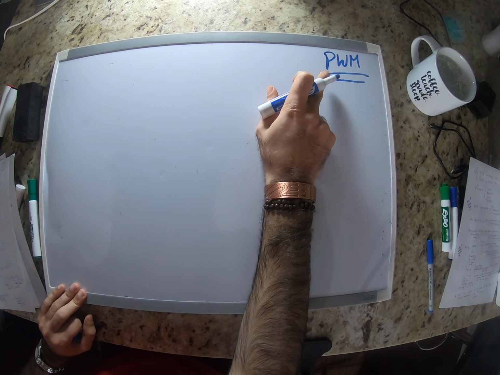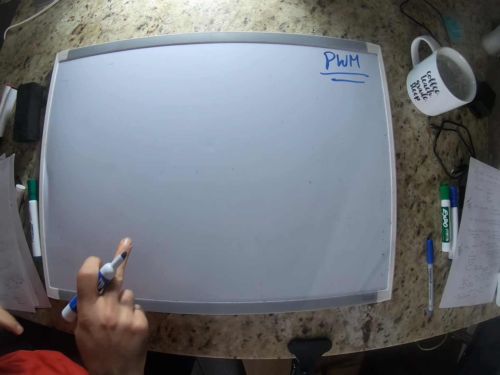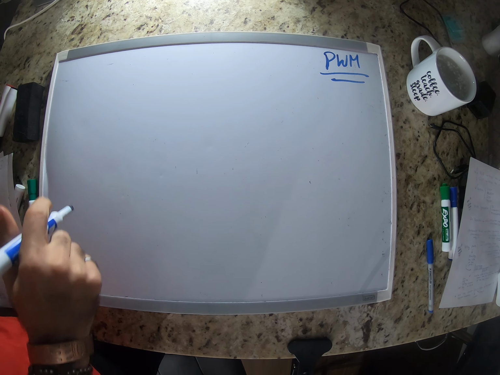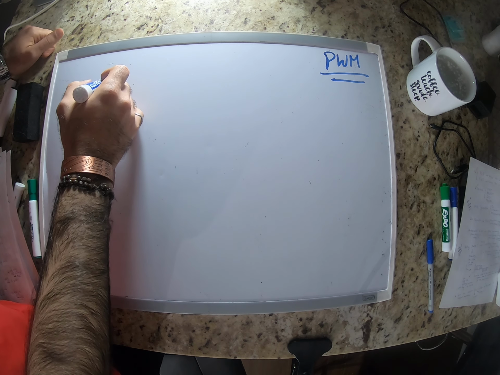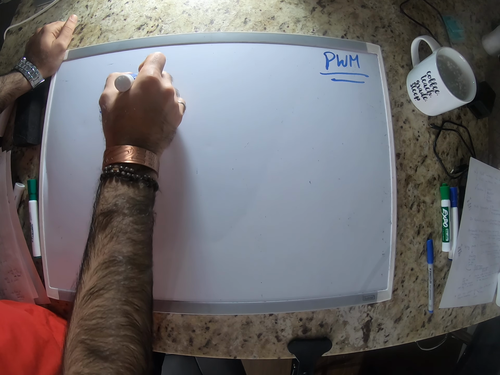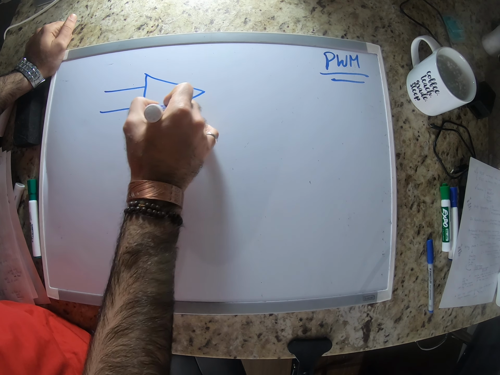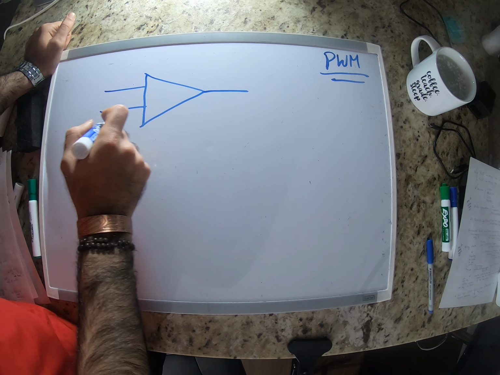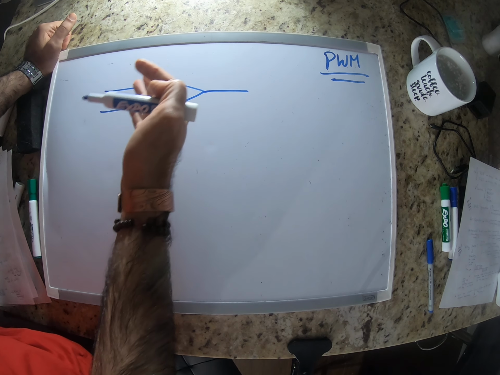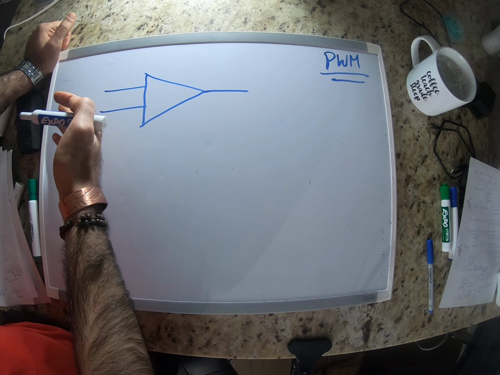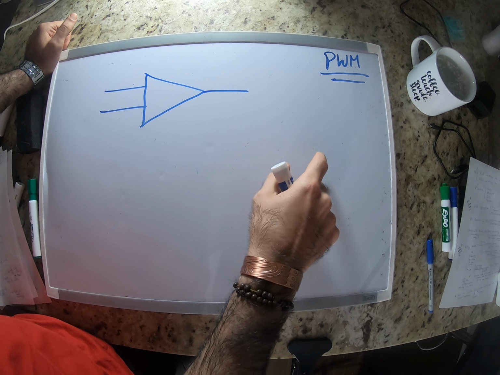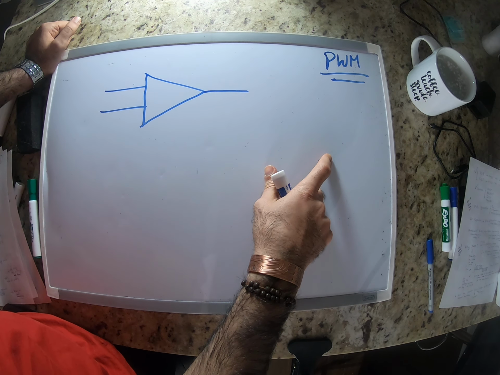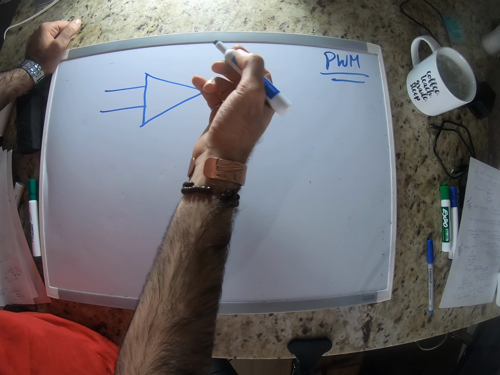Eventually you want to see how PWM is generated. But let me just remind you of the concept of op amp that we saw before. In real circuits, we're not going to have this, but this can be used to explain how PWM is created.